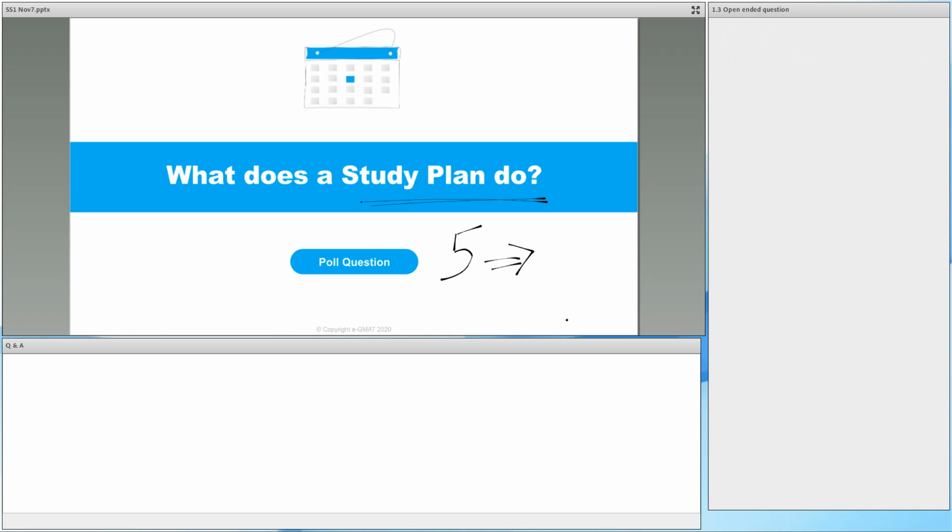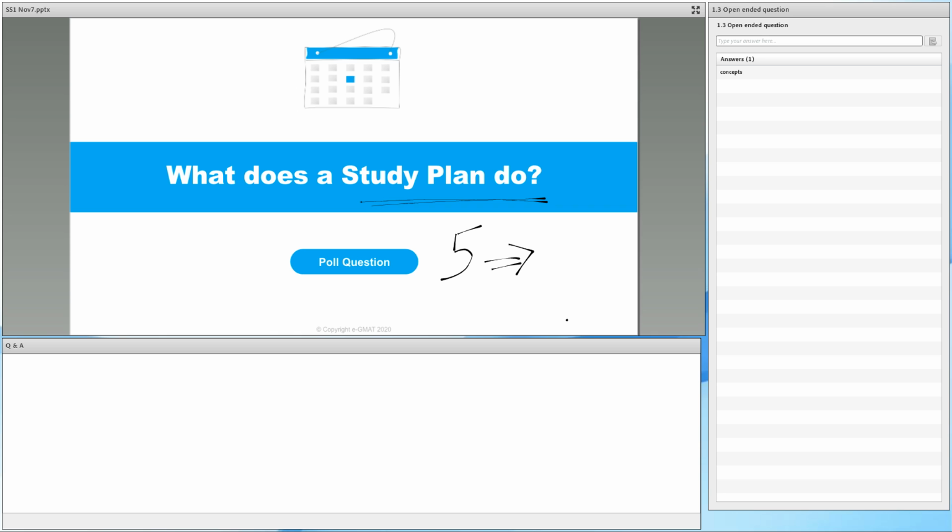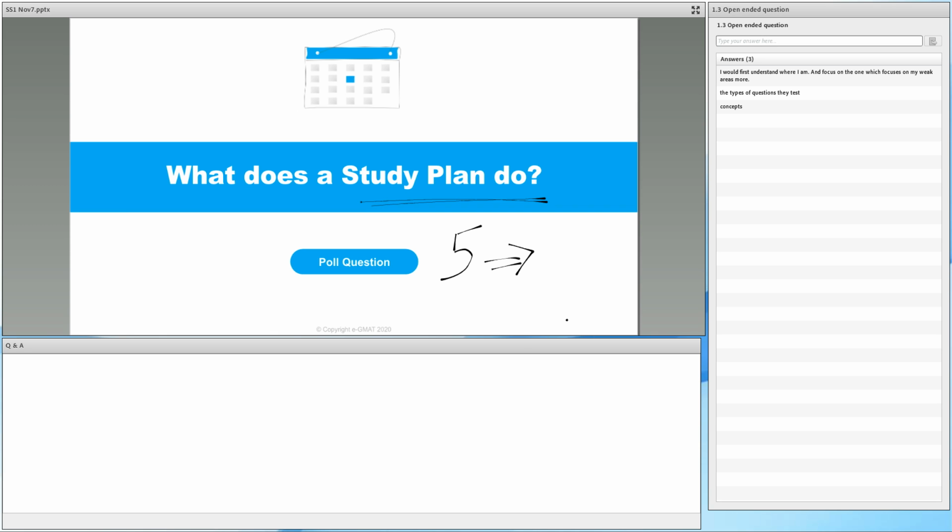So the way you choose a study plan is 2 things. One is to really say how efficiently does it get you there. And the second metric that you would look at is the likelihood that the study plan helps you get there. How much feedback does each study plan provide, which tells you whether you're getting there. So the first metric is going to be efficiency, and I'm going to just write EFF.